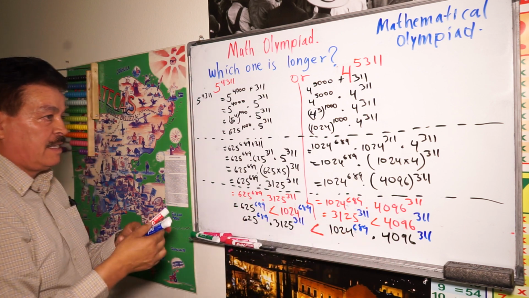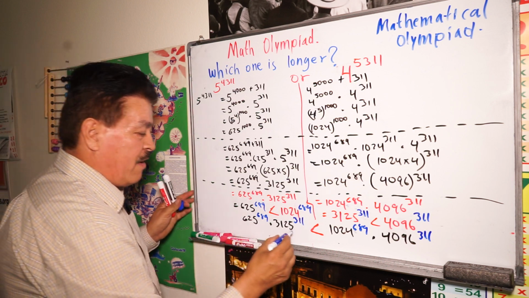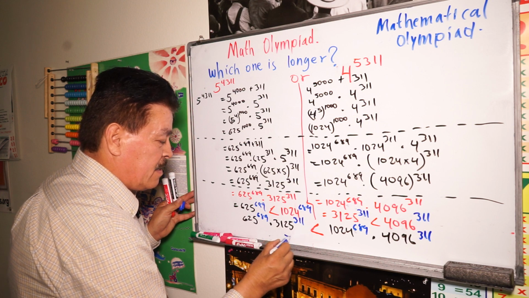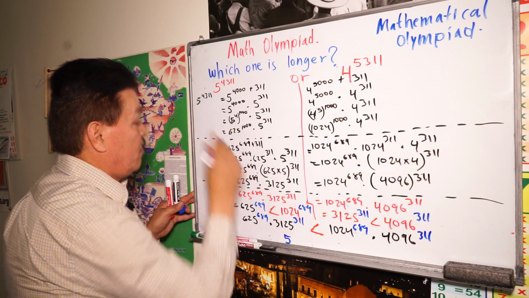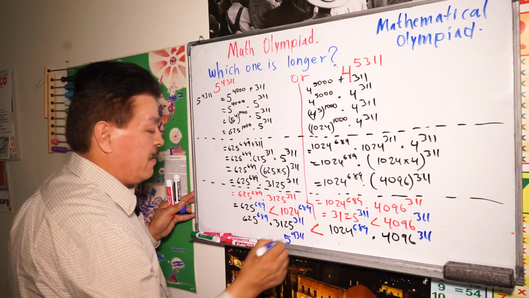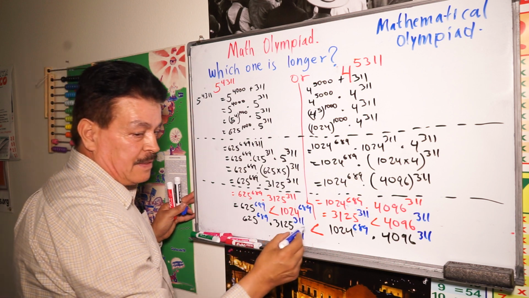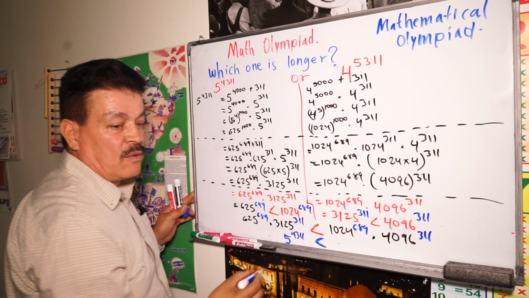Then the conclusion is going to be 5 to the 4,311 is less than which number?